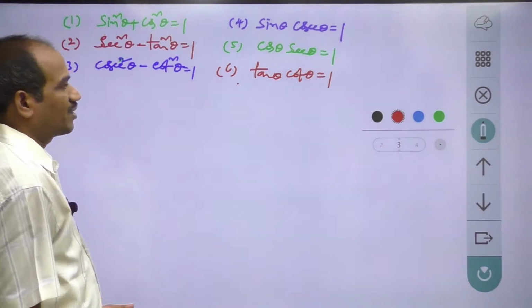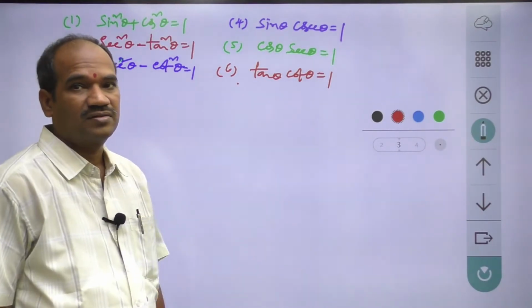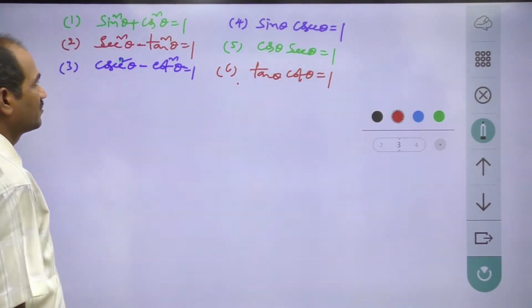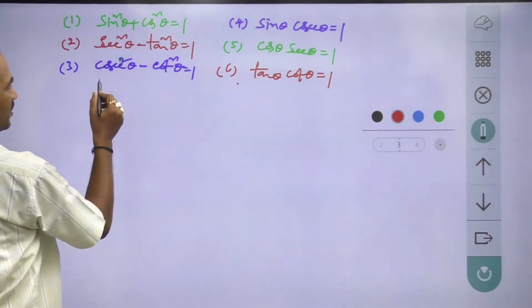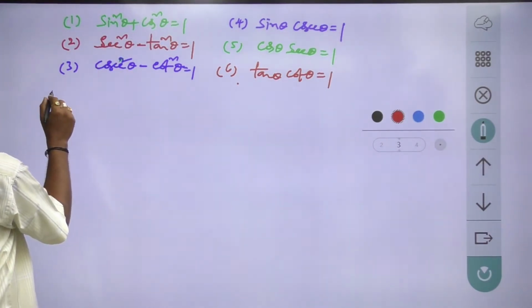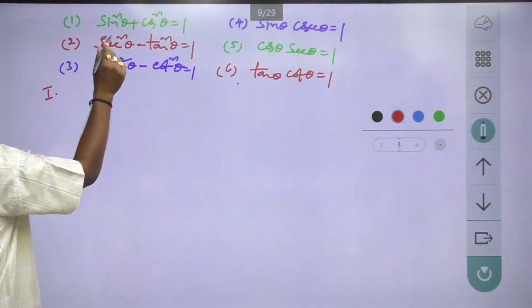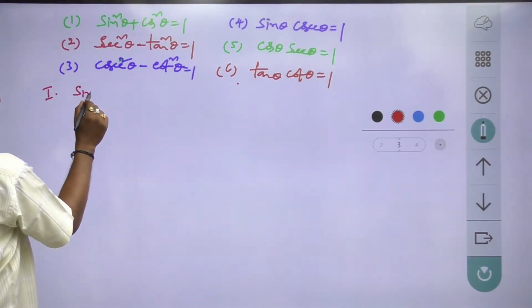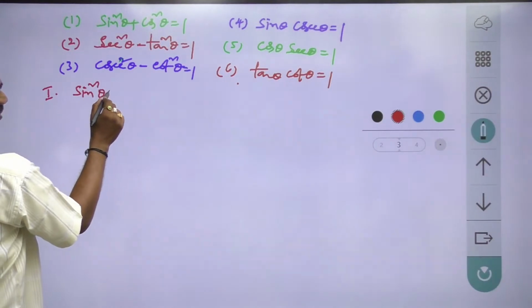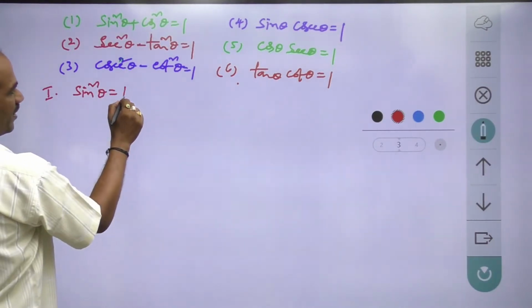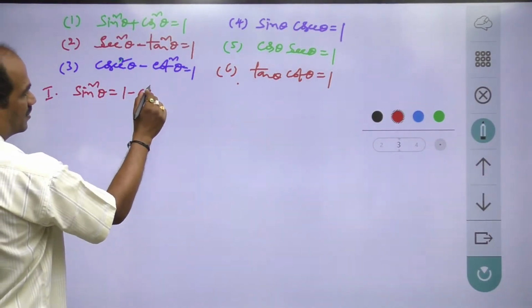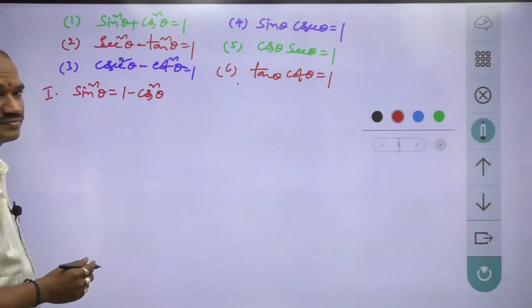Next, formulas. In this first set, sin square theta is equal to 1 minus cos square theta.